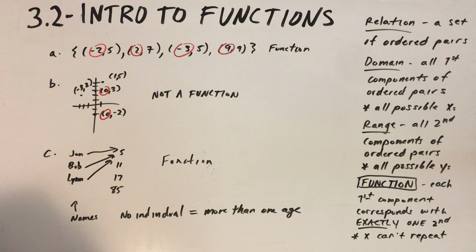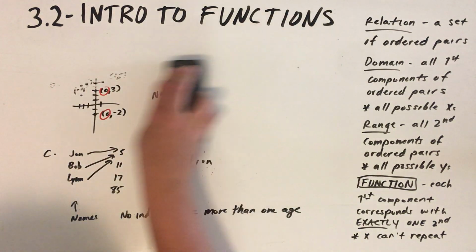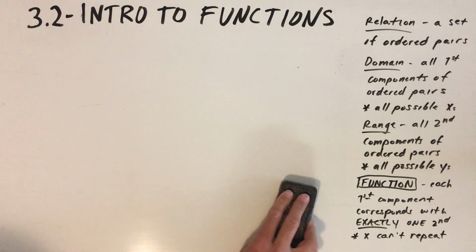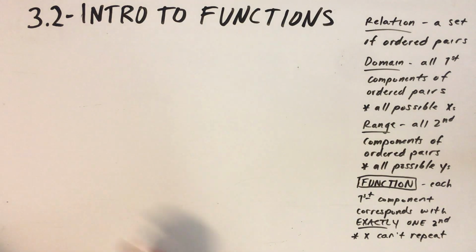Finding the domain and the range of each relation. So this is what we're going to go into now. These are graphical representations. Another important way to tell if something is a function is if it can pass the vertical line test.